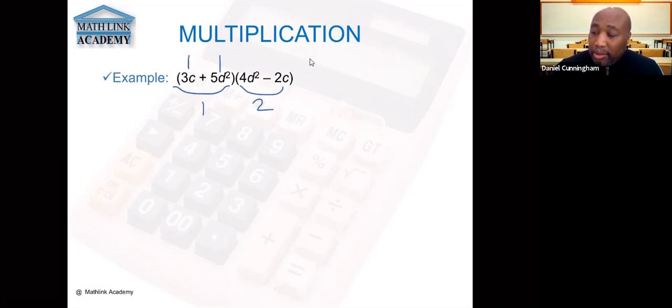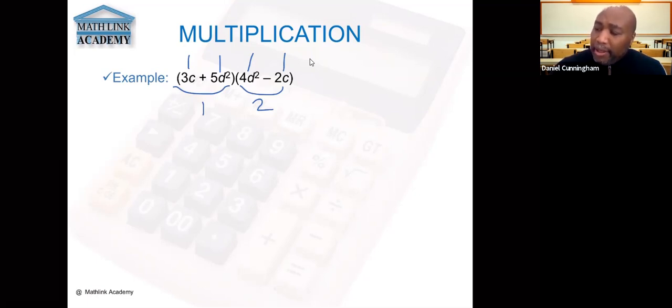Here's term 1, term 2 for that one, term 1 and term 2. So when you have something like this, we're going to use a method called the FOIL method. You use it when you multiply two expressions that each have two terms. It's called the FOIL method.